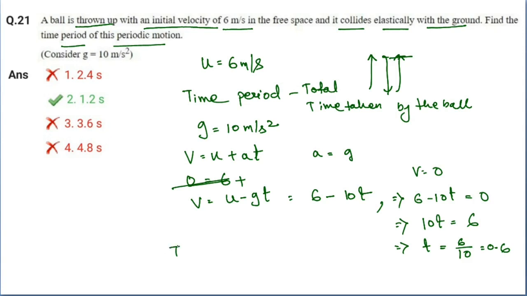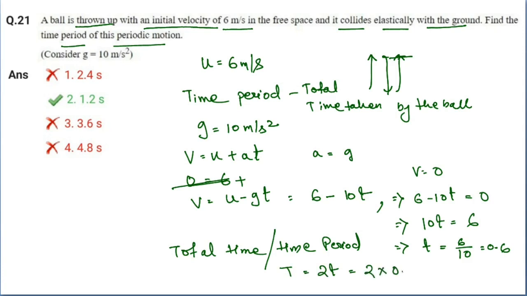So the total time, or time period, is equal to 2t, that is 2 into 0.6, that is 1.2 second. So option 2, that is 1.2 second, is the correct answer.